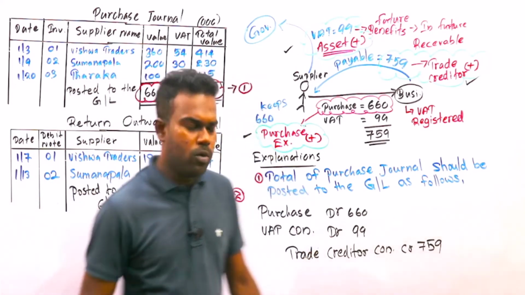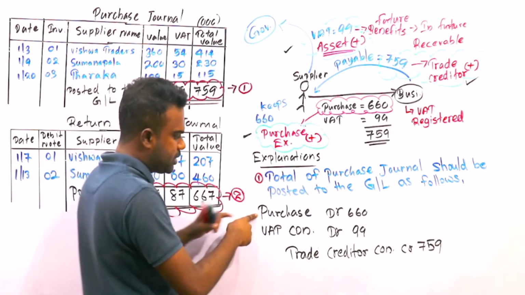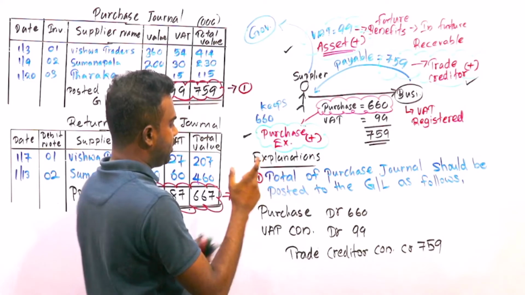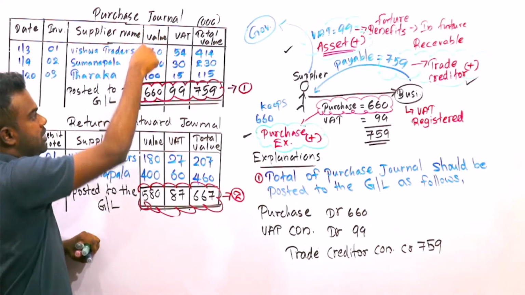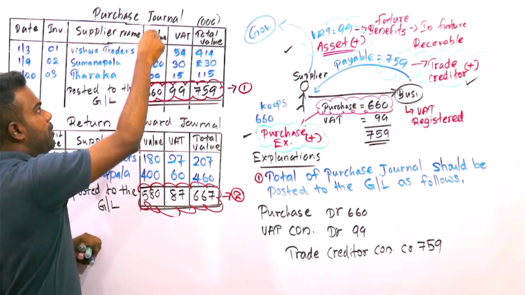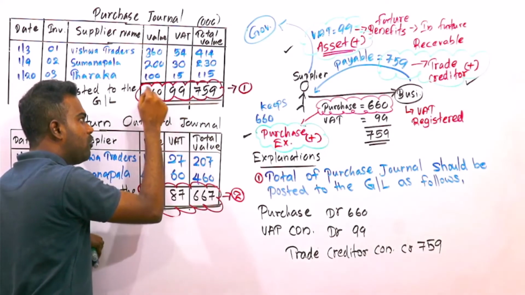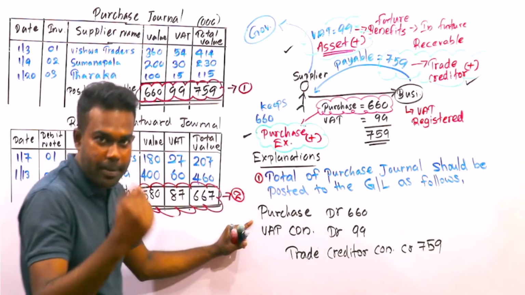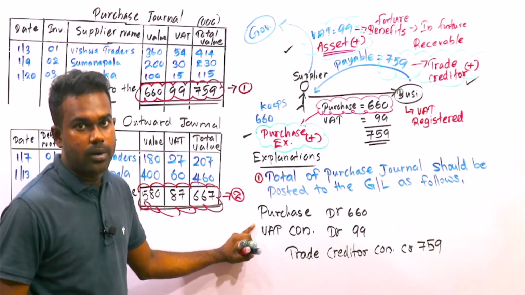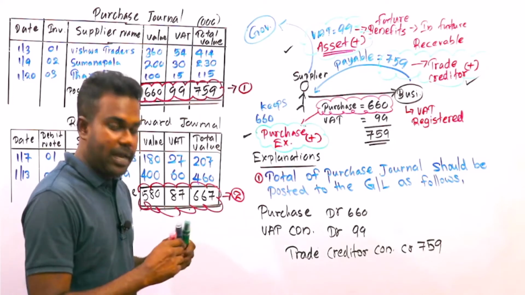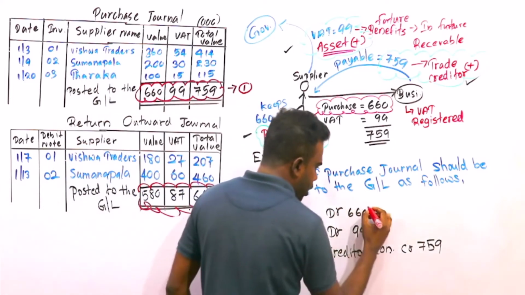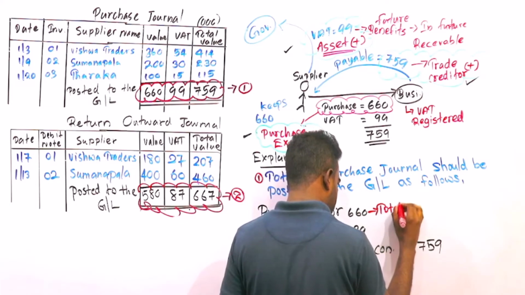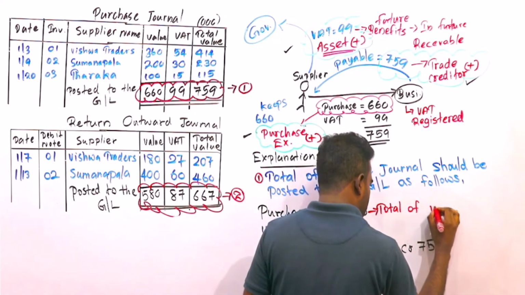Right. Now look at the purchase debit entry, 660. Look at the total. This is the value column, no? The total of the value column should be debited to what? Debited to the purchase account. In red color pen, I will write down here: total of value column.